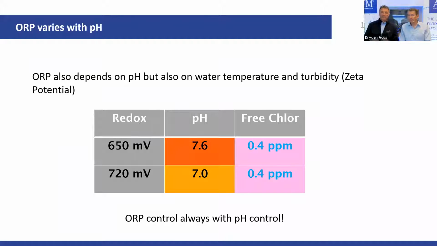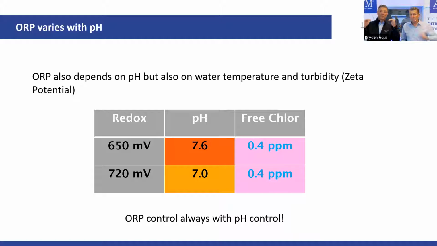Now, ORP also depends on other factors. One of them is pH, one of them is temperature, and one of them is turbidity, zeta potential. Let's take the example of pH. We have here on the right side a constant concentration of free chlorine, let's say 0.4 milligrams per liter. At the pH of 7.6, let's say we have a redox potential of 650 millivolts.